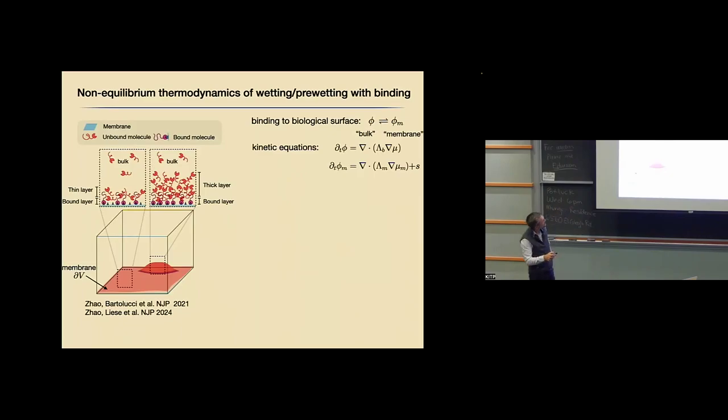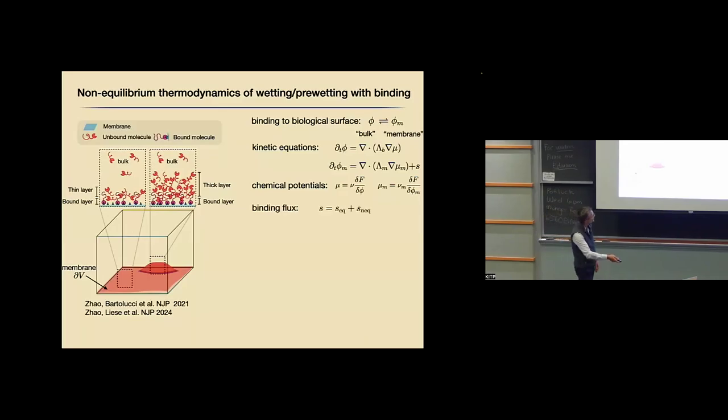You would write down, first of all, a Cahn-Hilliard type of equation for the bulk, and here also one for the membrane. So M is always the membrane. This is this surface here. And of course, because you're binding, you will have a singular source term for molecules being able to bind. Then you can work out the classical non-equilibrium thermodynamics, and you see there are chemical potentials, the mu's, that drive the fluxes here, and you can derive them from some free energy.